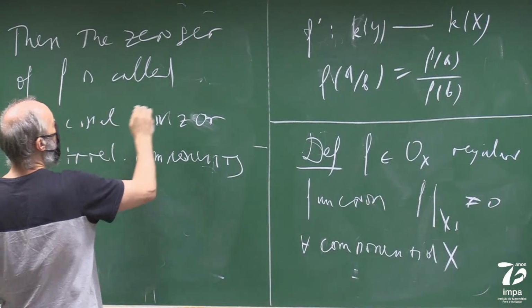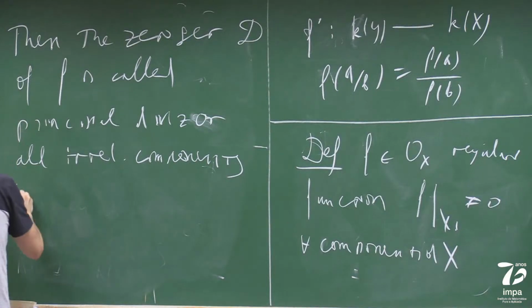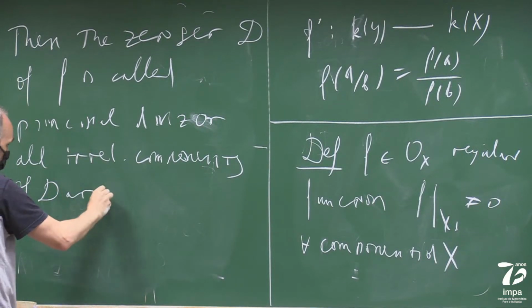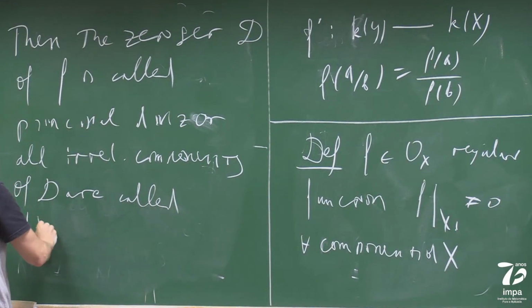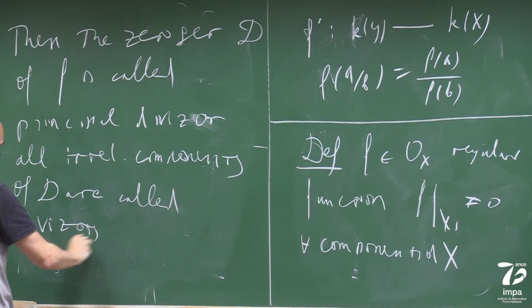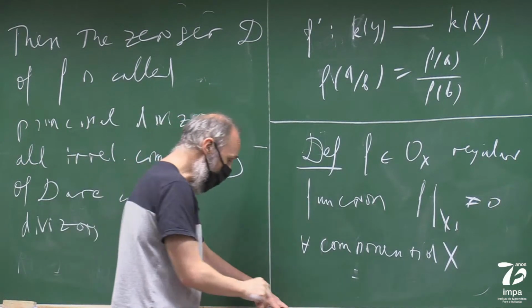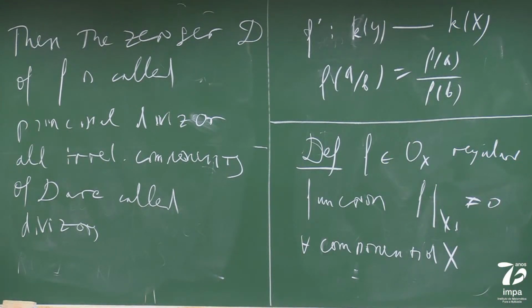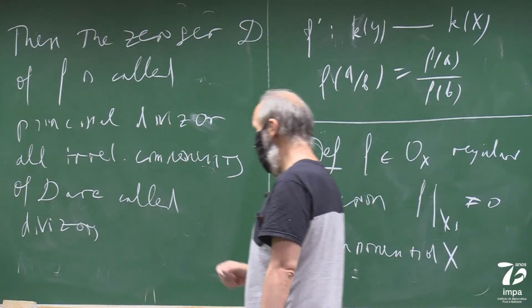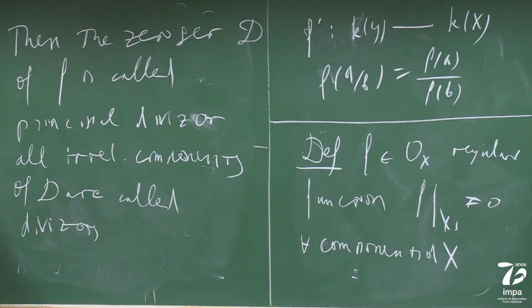Let's call this zero set D. And all irreducible components of D are called divisors. In other words, a divisor is something you can obtain as an irreducible component of a zero set of a function. Sometimes it happens that all divisors are principal. This is more or less the same as a principal ideal ring, and we shall explore that a lot because it's important, and you will see.